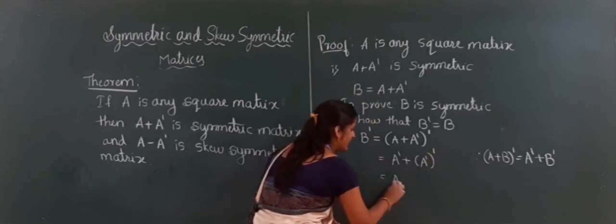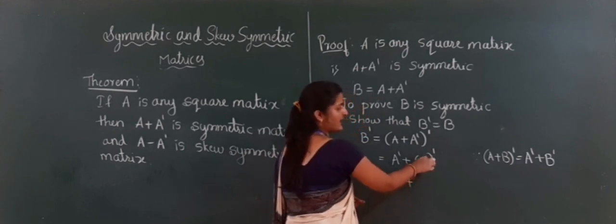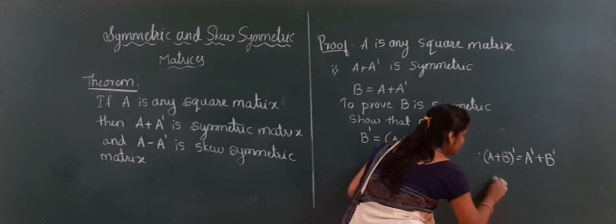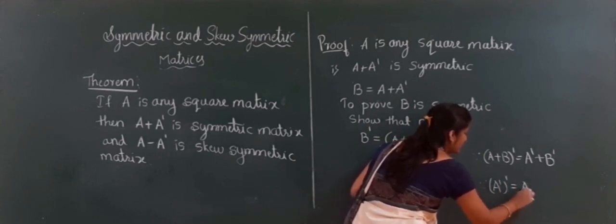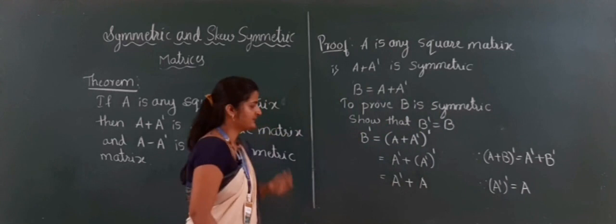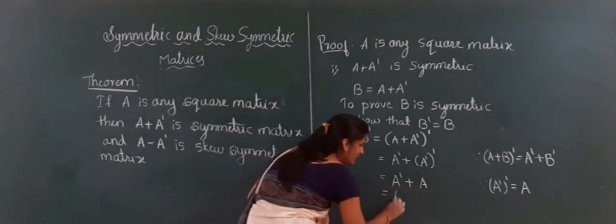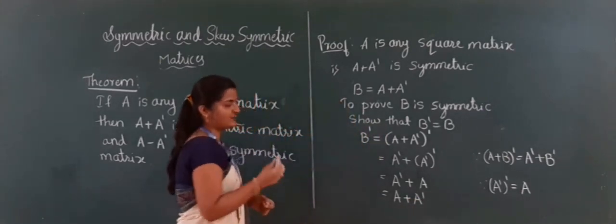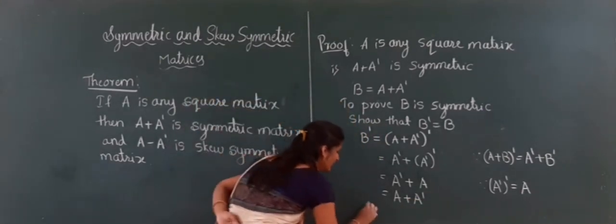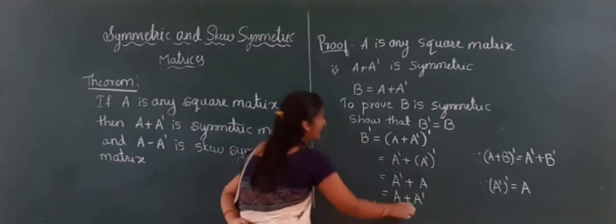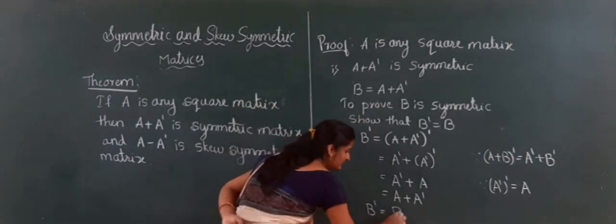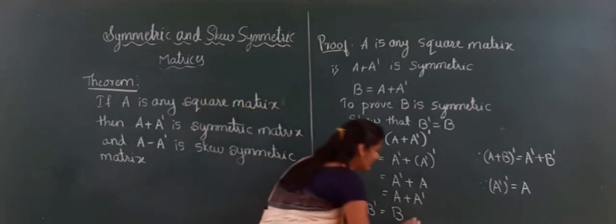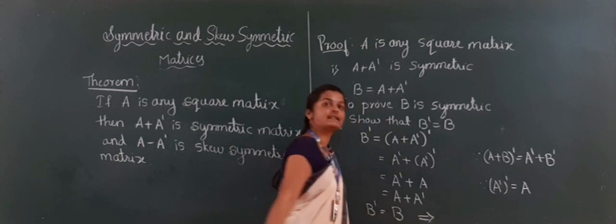Next I will write A transpose plus A, because we know another property, A dash transpose is A. Next, we know that matrix addition is commutative. So, A dash plus A is A plus A dash. Next, B dash is equal to, what is A plus A dash? That is B. B dash is equal to B. We have proved it. So, this implies that B is symmetric.